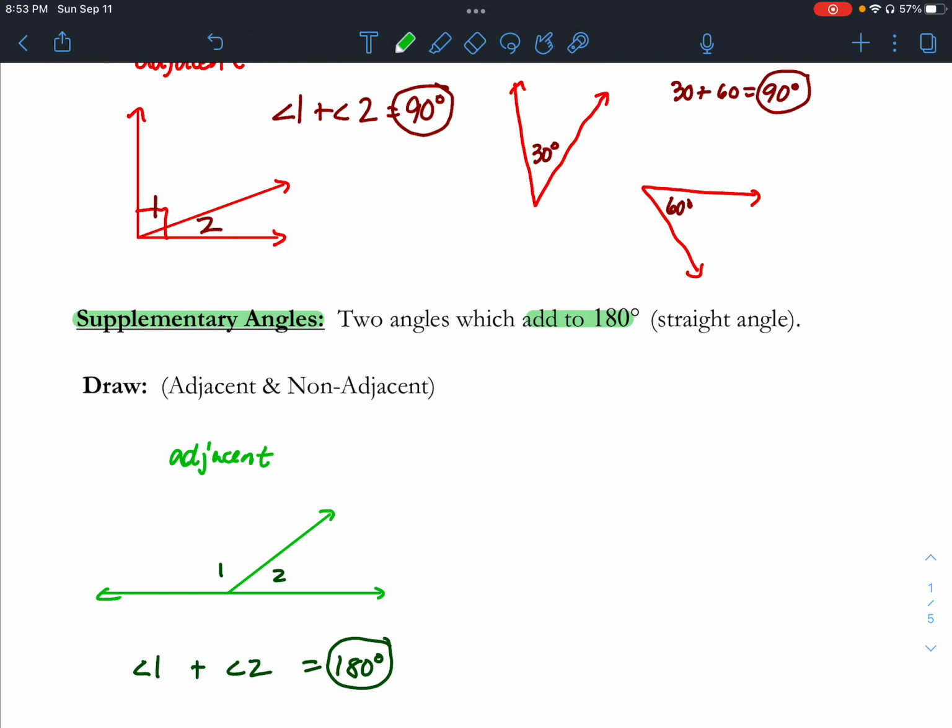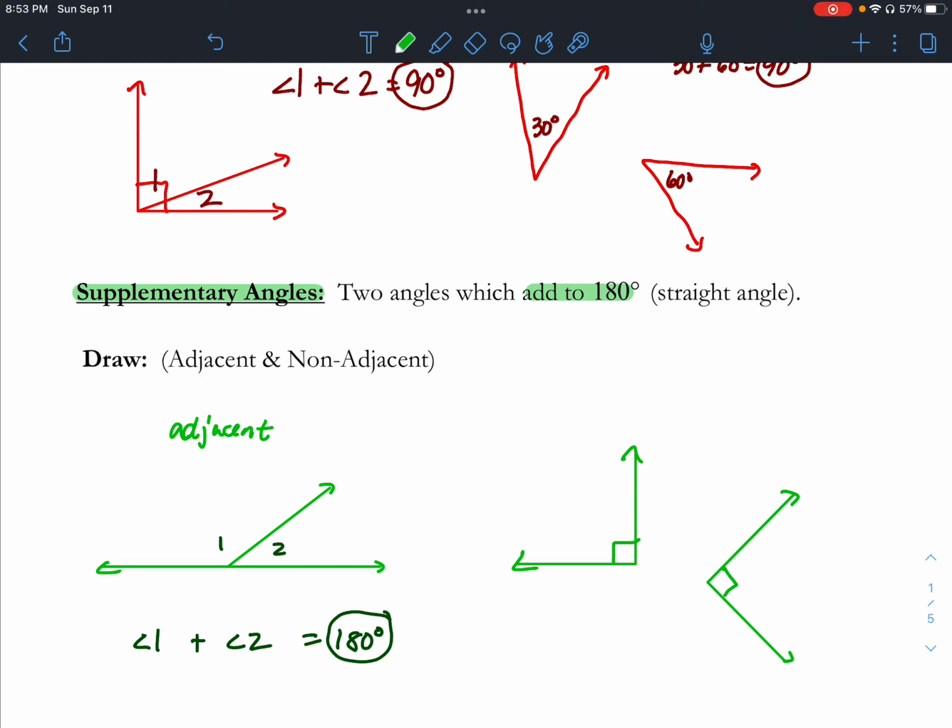And then similarly to the other ones, if I had two angles, and actually we can make two right angles if we wanted to, I might just do that. One right angle sitting like this, and let's say I have another right angle sitting right here. Again, they are not next to each other. They are not attached to each other. These would be non-adjacent.